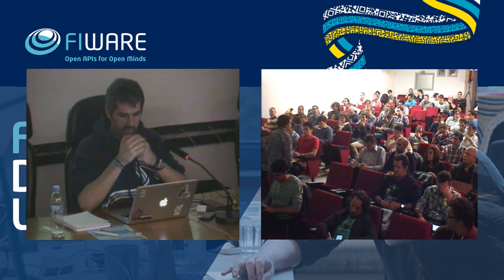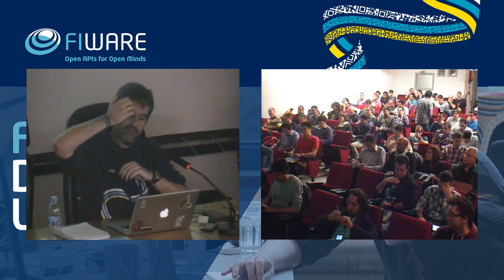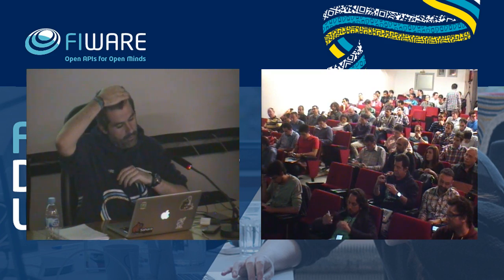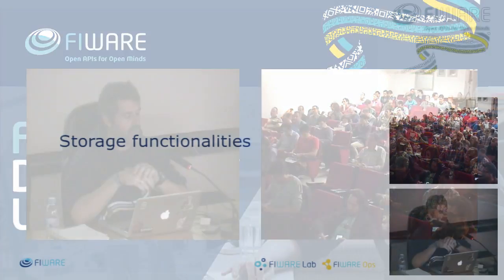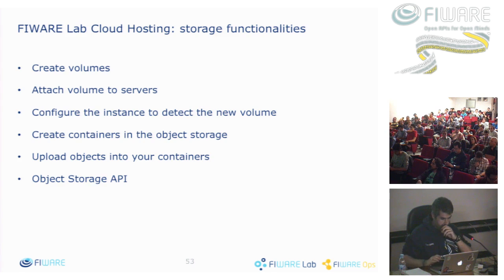Well, we move to the next one, storage. There are two different ways to store your data in the cloud. You have the possibility to define a volume, or you have the possibility to use object storage. For the first one, we explain how to create a volume and how you can attach a volume.